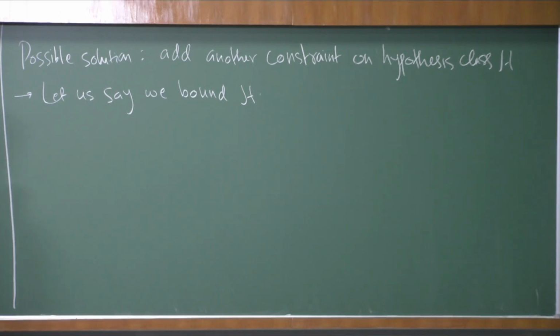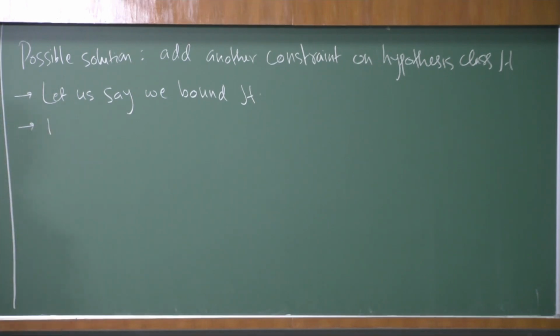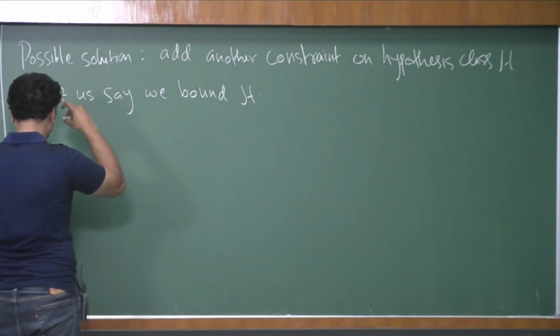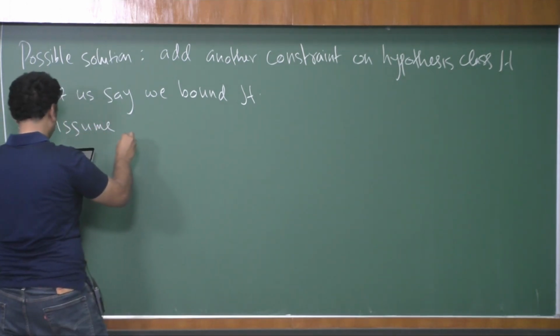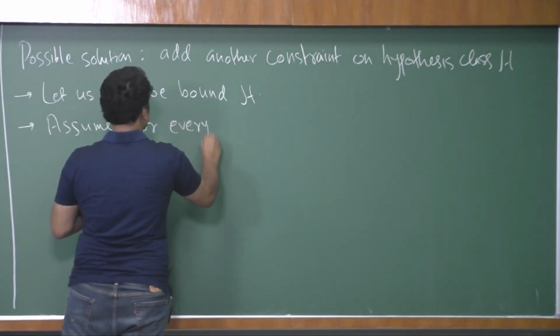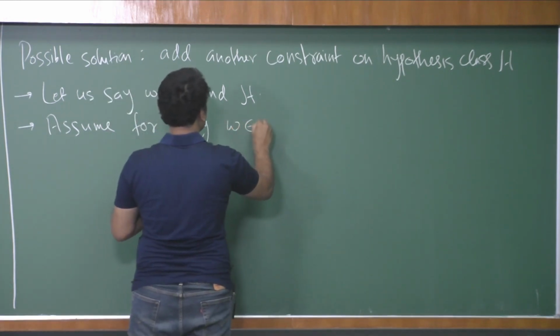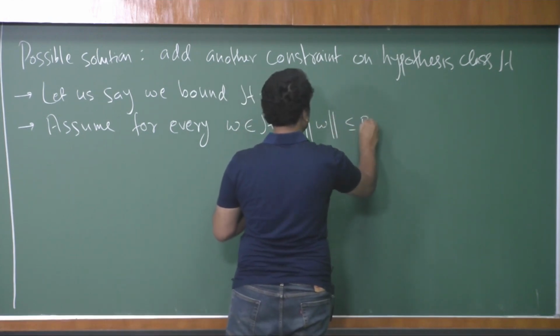So for the linear regressor case, or any parameterized function, let us say the weights of our predictor are bounded. By boundedness we mean that the functions are characterized by W, and we further demand that the norm of W is less than or equal to some B, a constant.